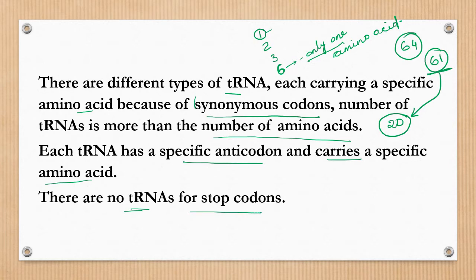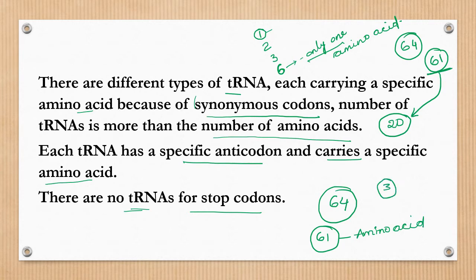We already mentioned the total number of codons is 64. Of these, only 61 codons represent amino acids, and the remaining three codons do not specify any amino acid.